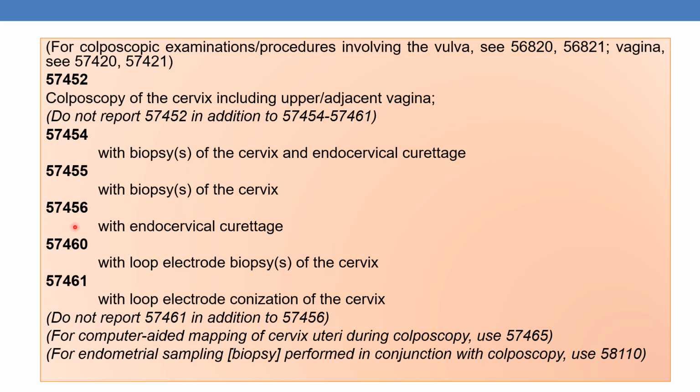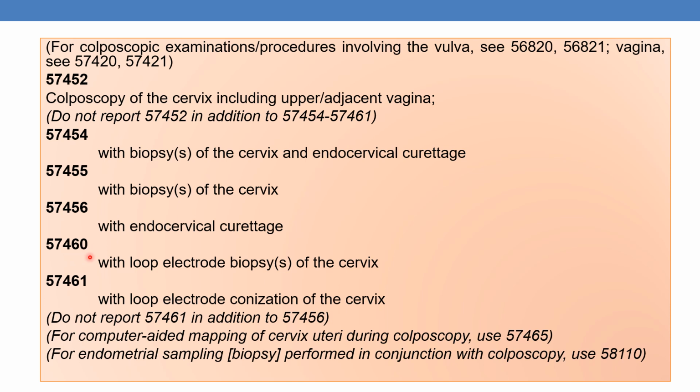The next is 57456, colposcopy of cervix with endocervical curettage. When both biopsy of cervix and endocervical curettage are done, the CPT is 57454. When only biopsy is done, the CPT is 57455, and when only endocervical curettage is done, the CPT is 57456.